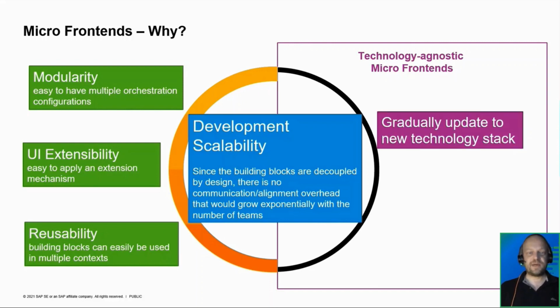These kind of benefits. So you could gradually update to new technology stacks, meaning you have an application written in one certain UI technology, and you want to go to the next version, which might not be compatible anymore, or to a completely different UI technology stack.